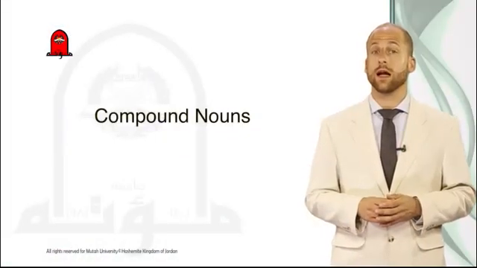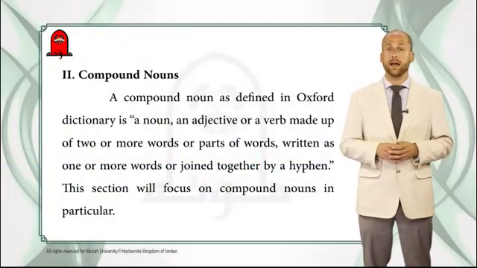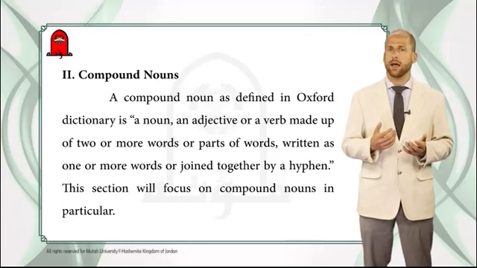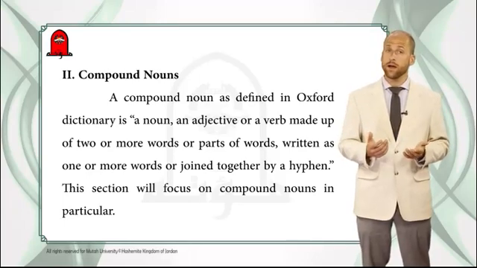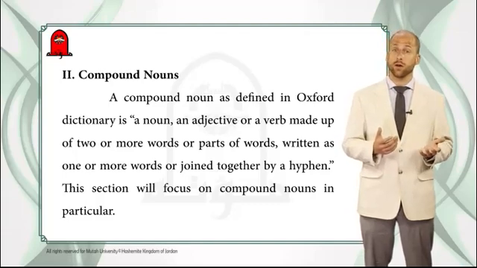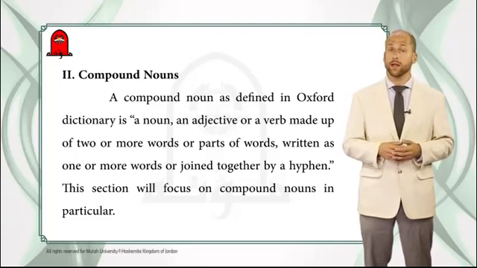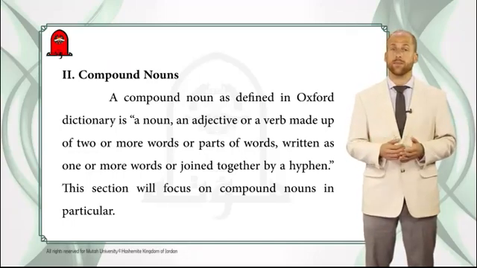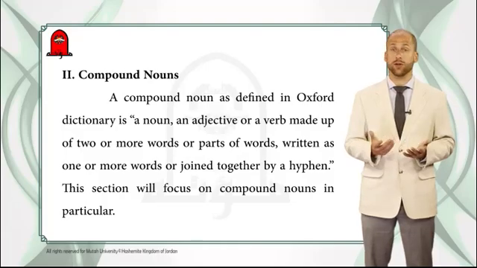2. Compound nouns. A compound noun, as defined in the Oxford Dictionary, is a noun, an adjective, or a verb made up of two or more words or parts of words, written as one or more words or joined together by a hyphen. This section will focus on compound nouns in particular.